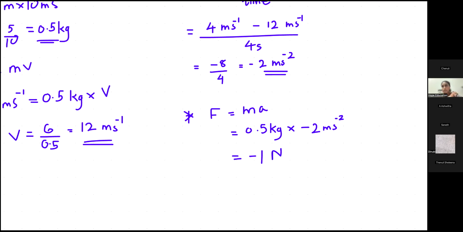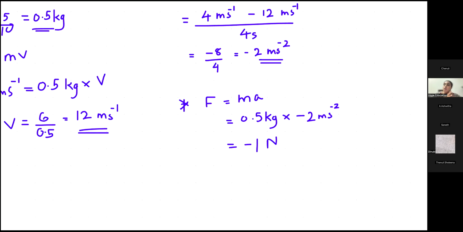How did we get a minus 1 here? Force is a vector, children. Right? Force is a vector. Whenever a minus sign comes, it means the direction has changed. So a force of minus 1 newton means the force is 1 newton in the opposite direction. That's why minus 1 came. The sign minus means the direction.